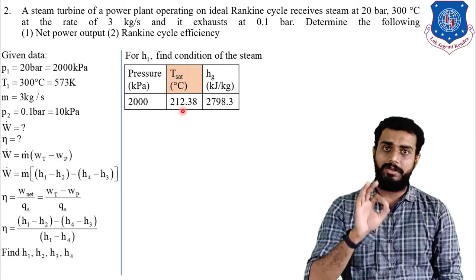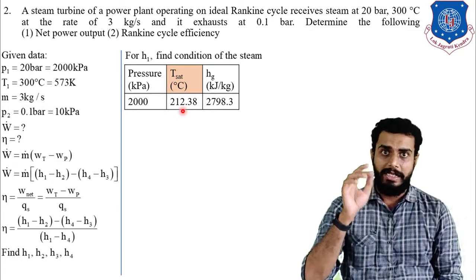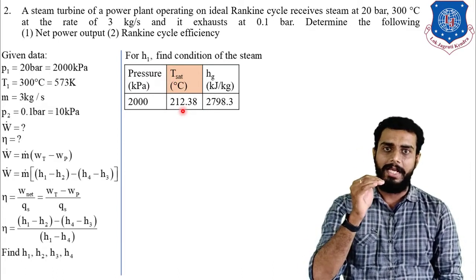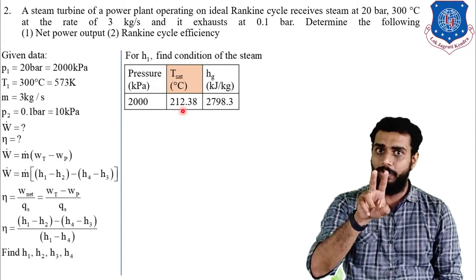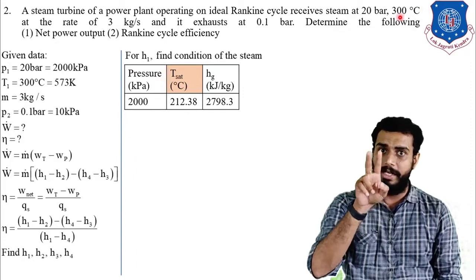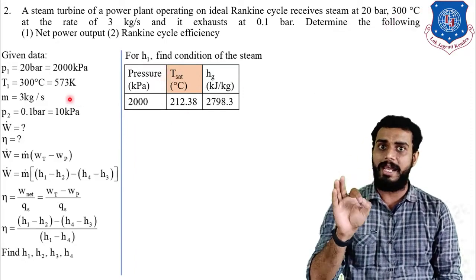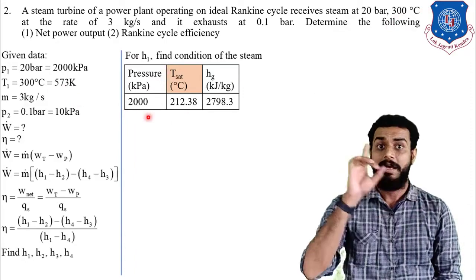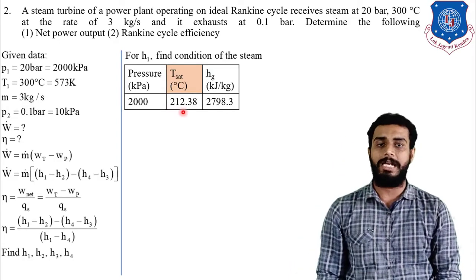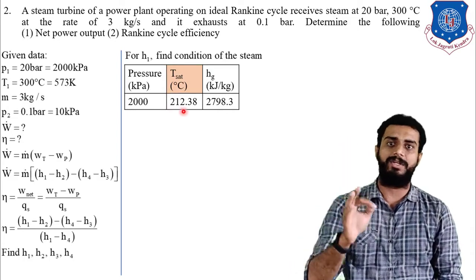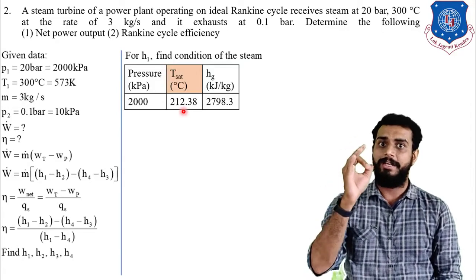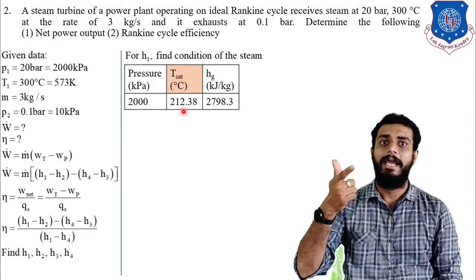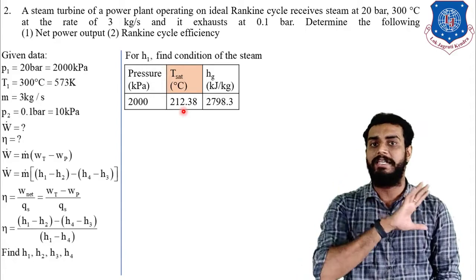Clear? So now just think logically: at the inlet of the turbine the temperature of the steam is 300 degrees Celsius, and if you have a pressure of 20 bar, then the saturation temperature is 212.38 degrees Celsius. Now what is the significance of saturation temperature? If you have 20 bar pressure, then your water will start boiling at 212.38 degrees Celsius.